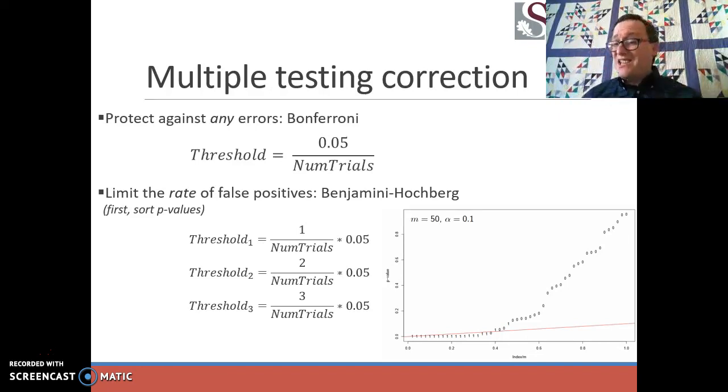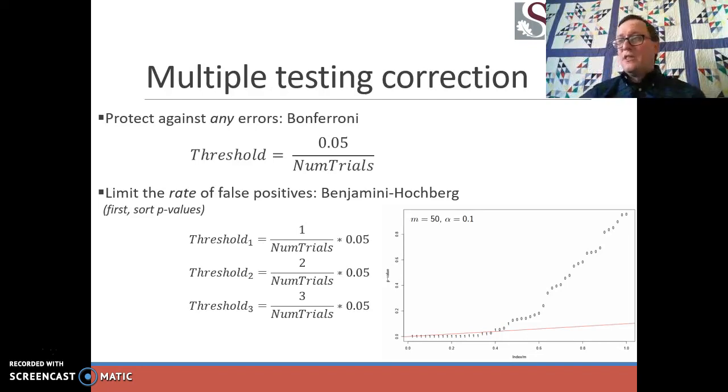So Bonferroni is not that frequently used when we have relatively few samples to work from. So a lot of people opt instead for what's called false discovery rate, or Benjamini-Hochberg correction. And the goal of Benjamini-Hochberg is not to protect you from making any false positives, but rather to control the rate of false positives.